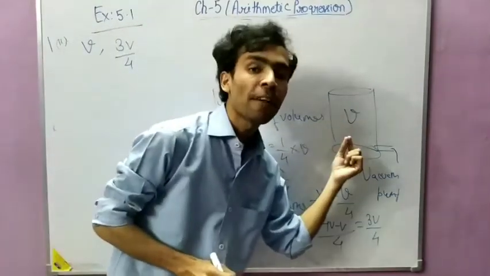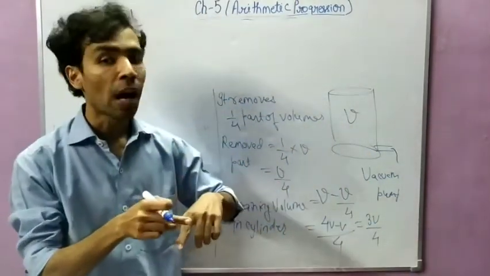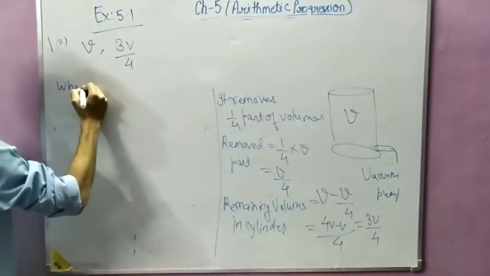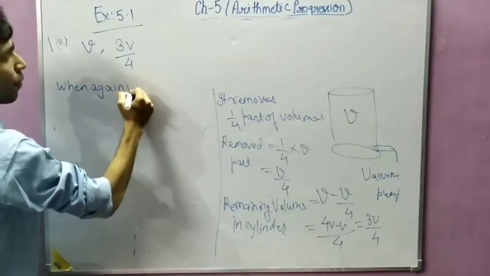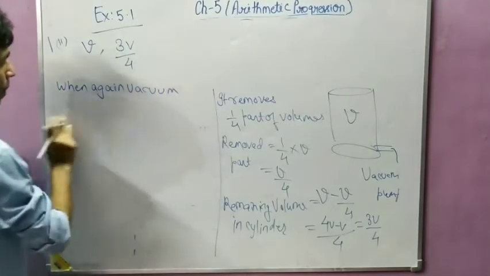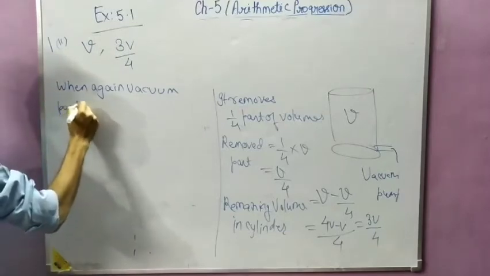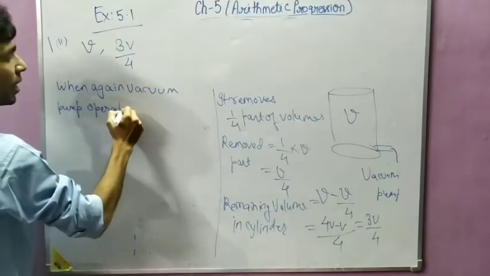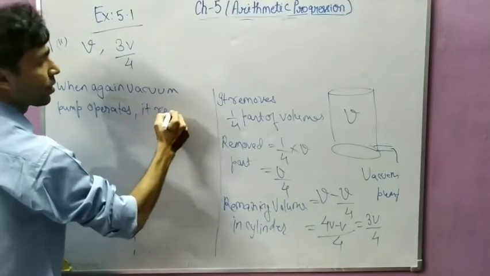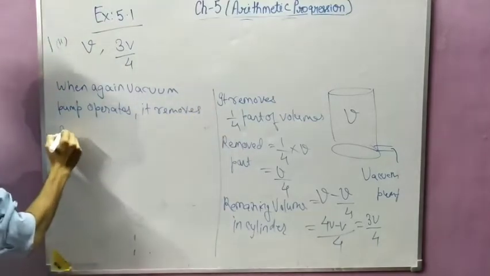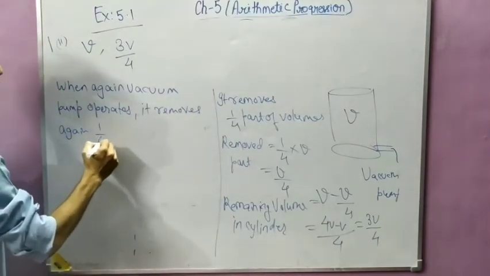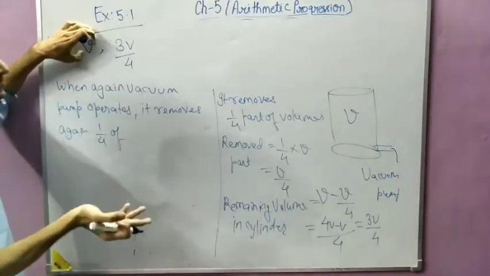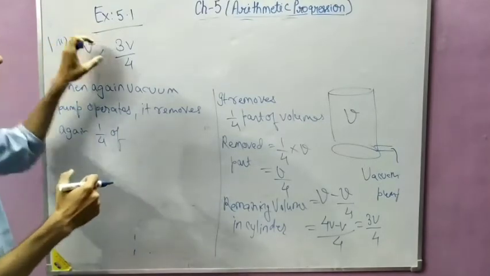Now again, when one more time the vacuum pump operates, again it will remove how much volume? 1/4 volume. So when the vacuum pump, it is the type of physics question, operates, it removes again 1/4 of the remaining volume, because initial was V. When it operates in the cylinder, only that much volume is left.